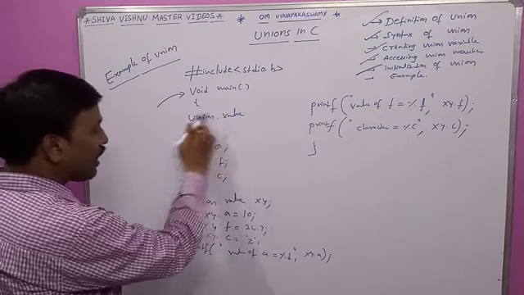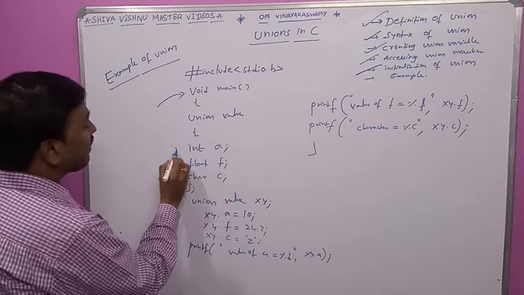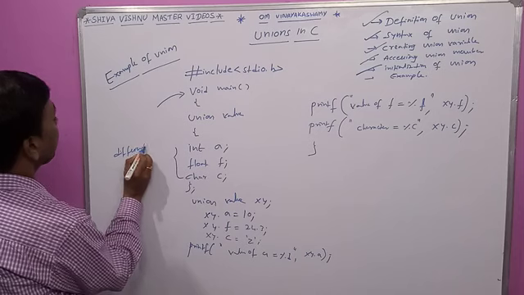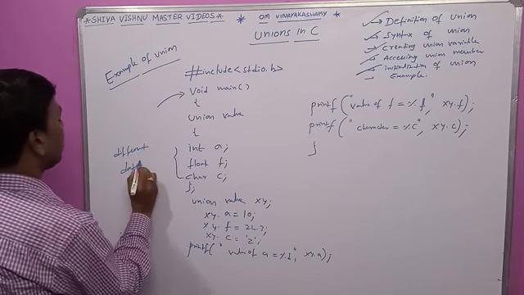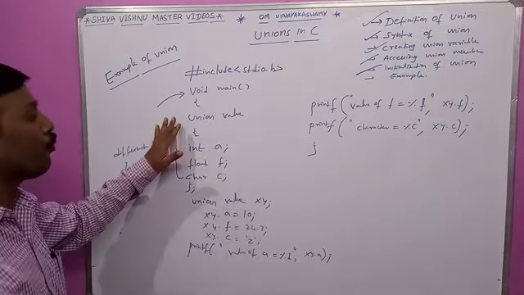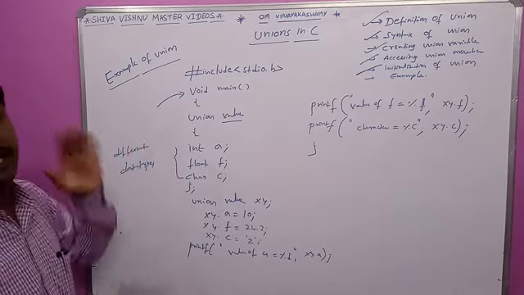The definition of a union: it is a collection of different data types grouped under a single name, called a union.